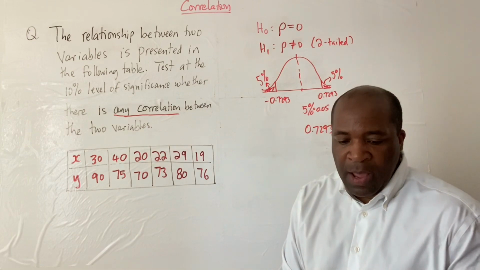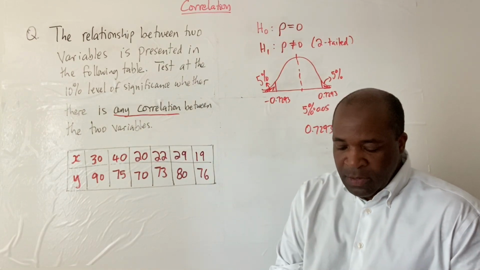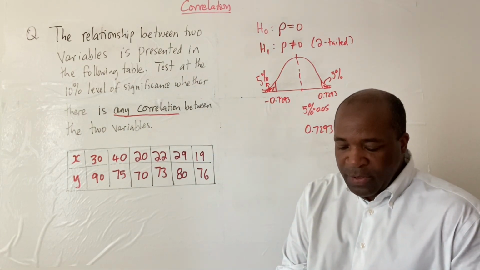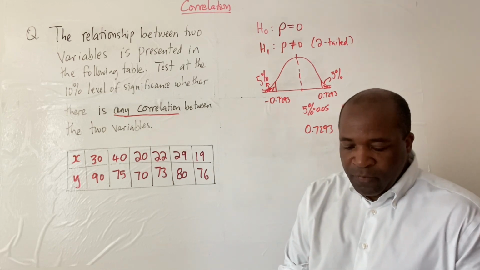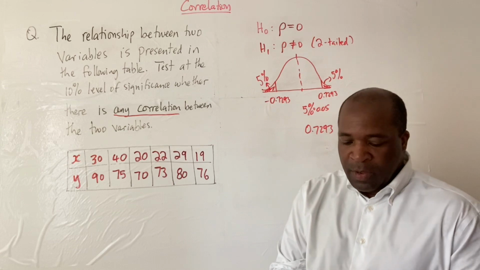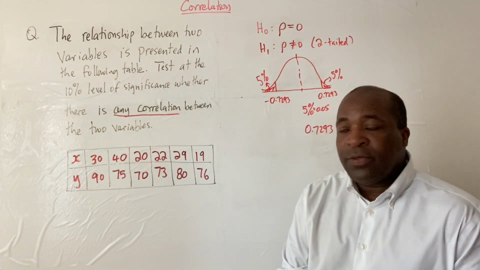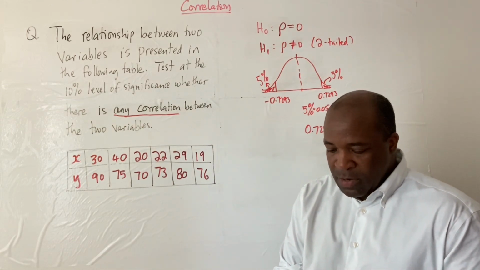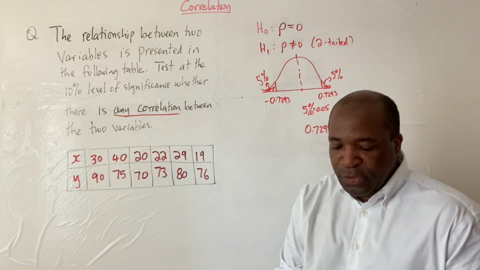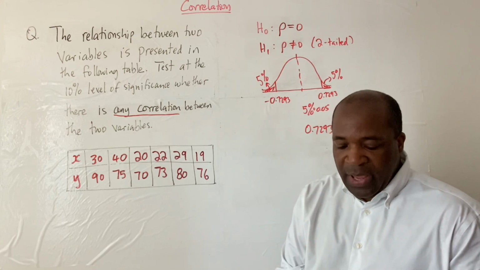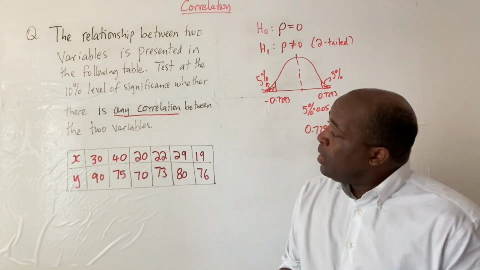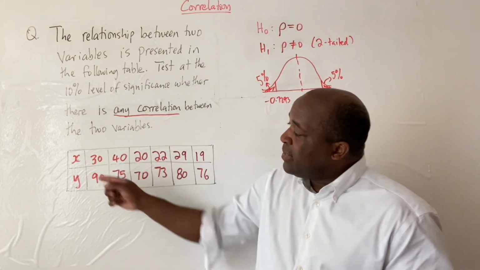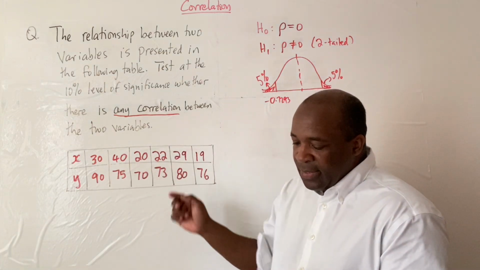to my ClassWiz, and I'm going to go to statistics, and then option 2, which is y equals a plus bx. Then I'm going to enter the x values and the y values.